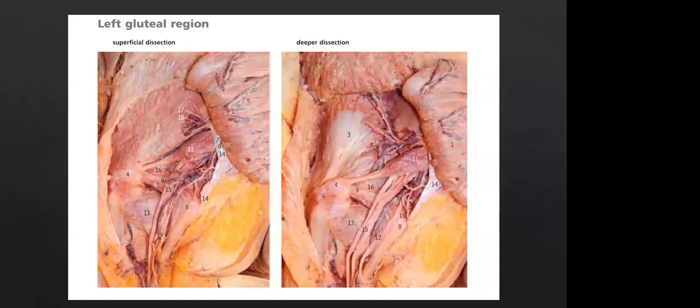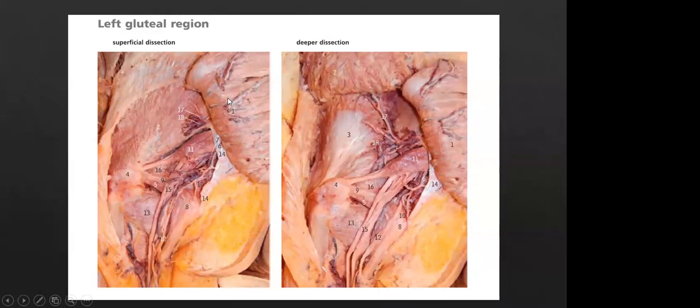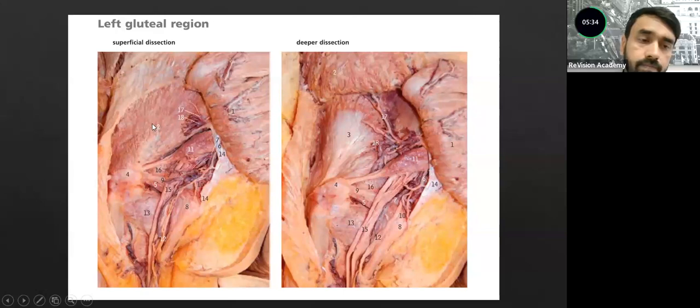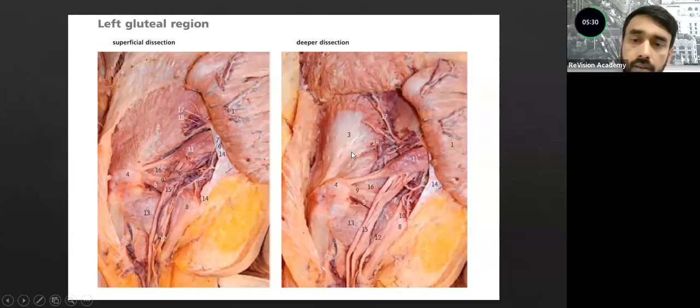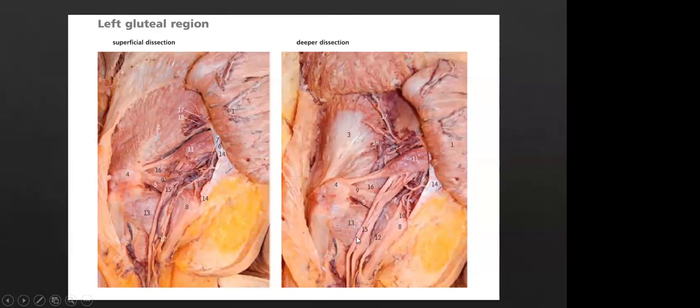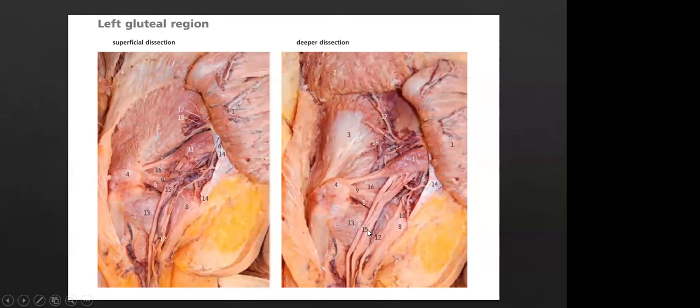Is number 1 labeled to an artery or a muscle? Okay, it's a muscle. It's the gluteus maximus. Number 2, gluteus medius. Number 3, gluteus minimus. Number 15, it's the sciatic nerve.